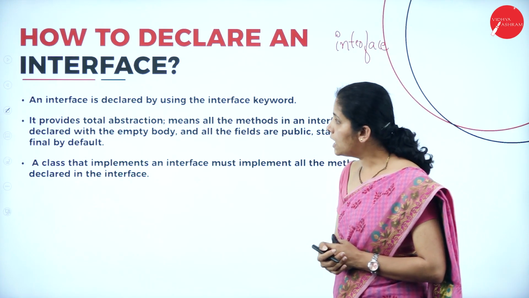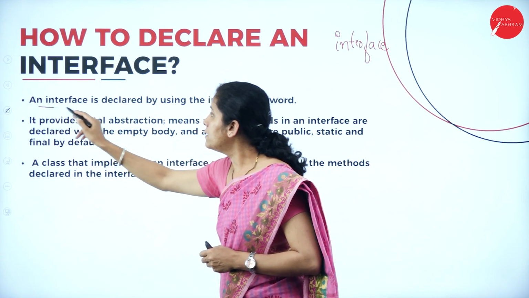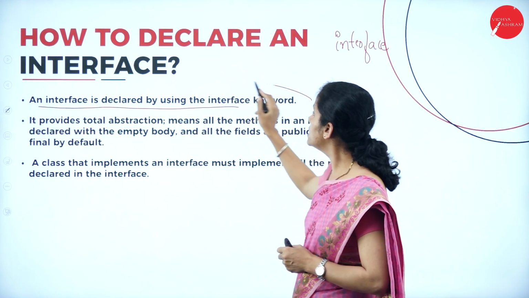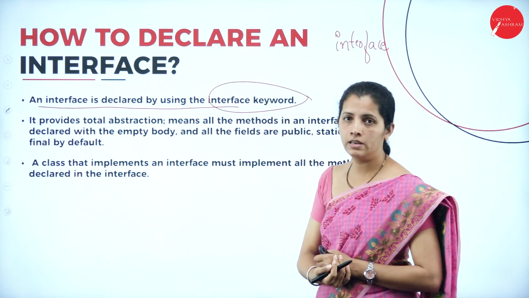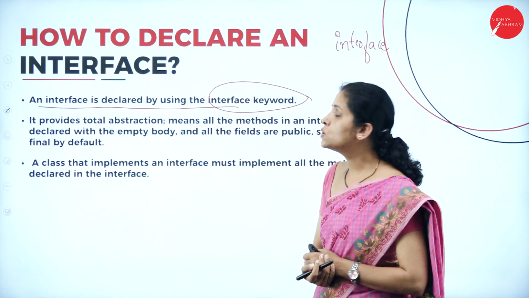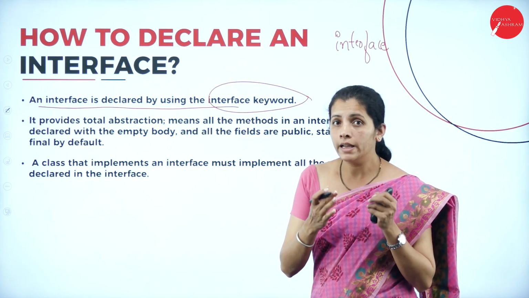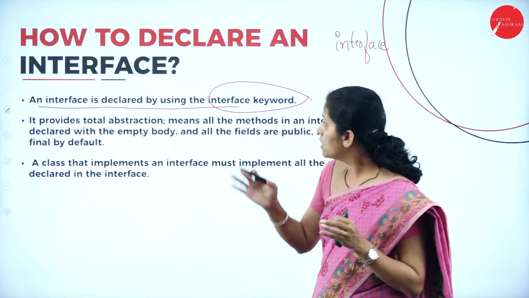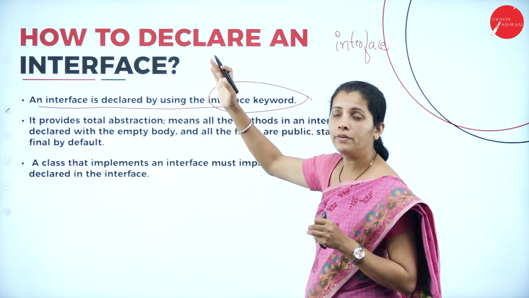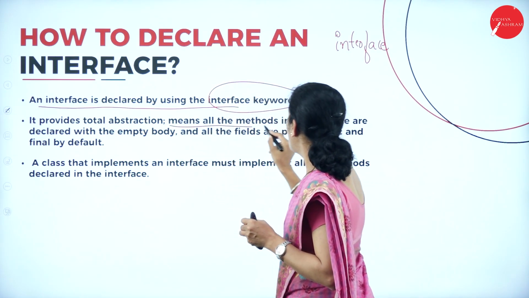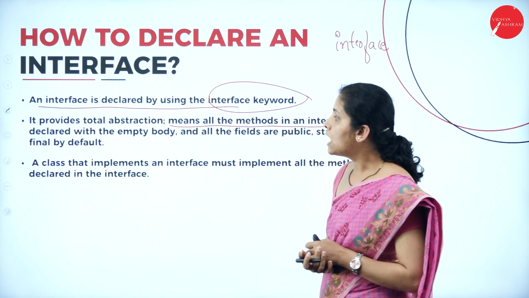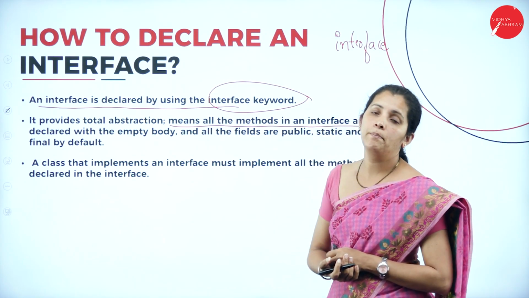An interface is declared by using the interface keyword, and it provides total abstraction. To provide data hiding, we are going to use interface. It means all the methods in the interface are declared with an empty body.